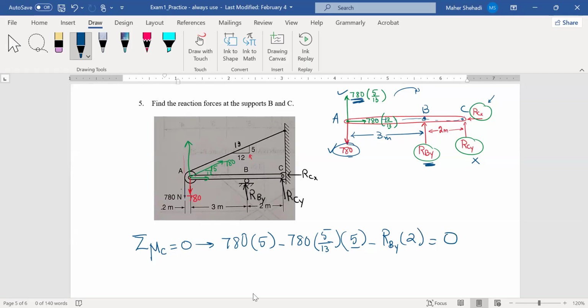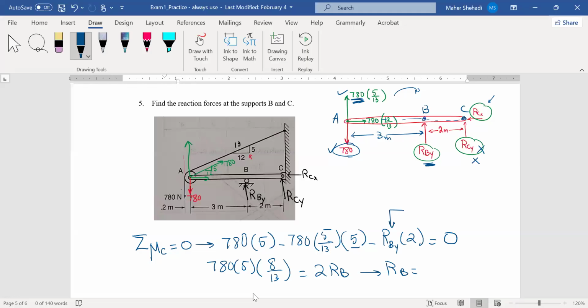If you take it about the point that has one of the unknowns, that would disappear, and then I can solve for the other one. So this would be 780 times 5 times 8 over 13, and then I'm going to take RBY to the other side, so 2 RBY. Therefore, RBY is whatever the answer divided by 2.